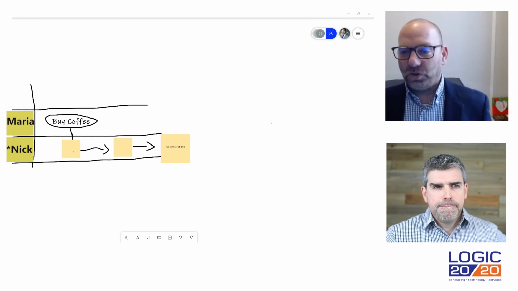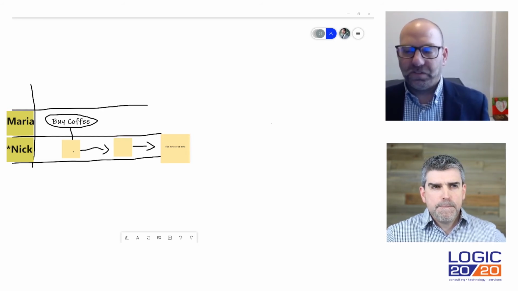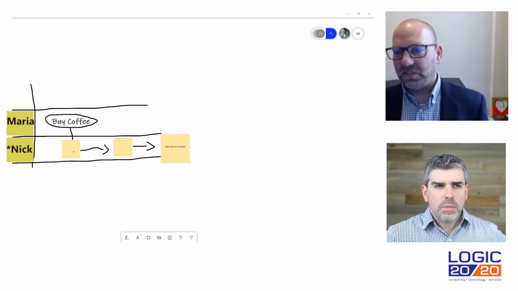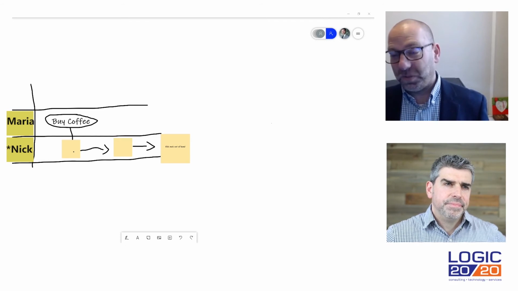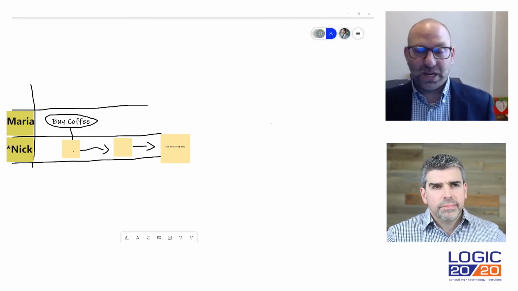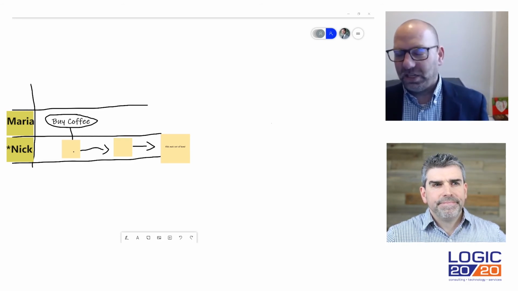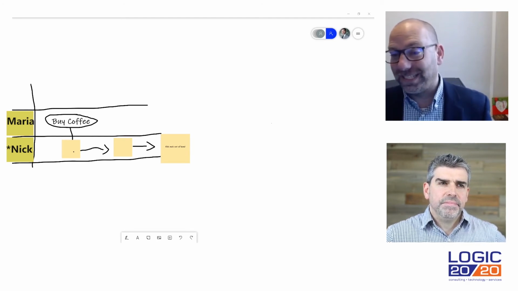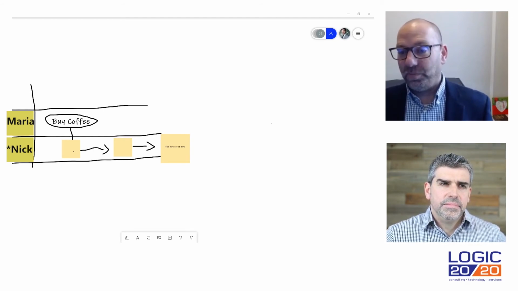It's using artificial intelligence to figure out what the processes are and what are ways to improve them. Process mining is a really interesting one that's picking up steam, and it uses technology to understand and map for you what the current state is.